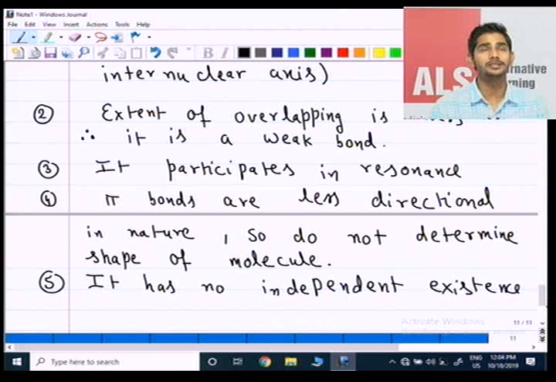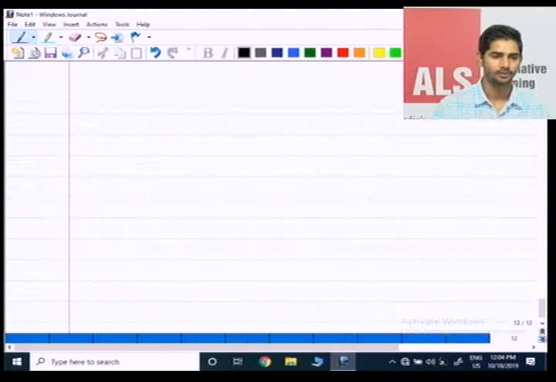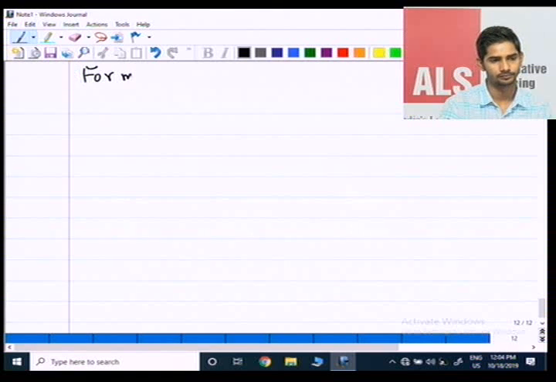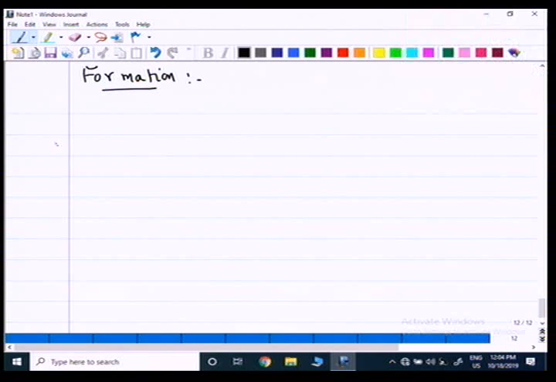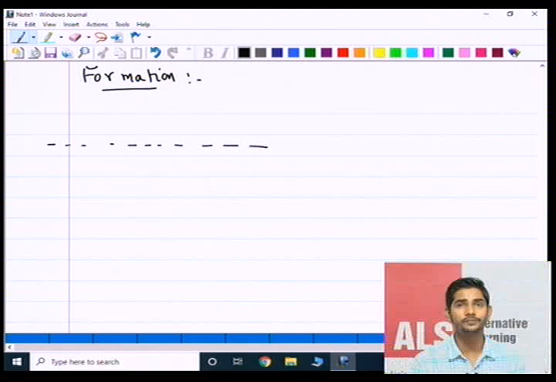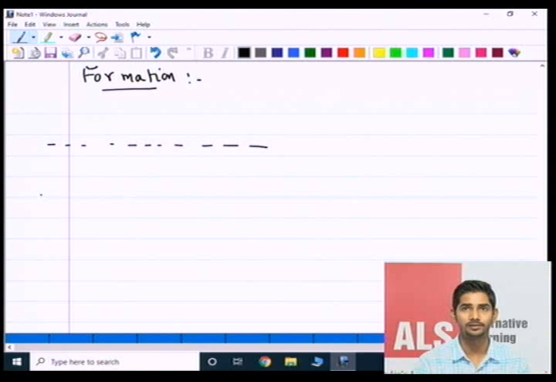Okay, so guys, let's discuss how a pi bond can exist, how it can form. Look at this. Formation. Let's consider that the x-axis is the internuclear axis. So all the orbitals which are perpendicular to the x-axis, on overlapping will form the pi bond.